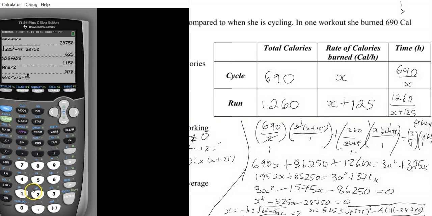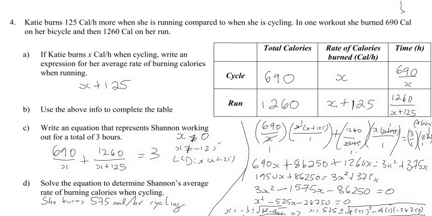So I've got 1260 over 575 plus 125. And that should equal 3. I pressed the button with some trepidation, but yeah, it is equal to 3. Okay, so that does check, and that is a way for you to check.